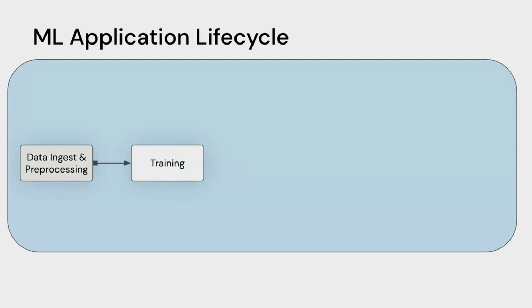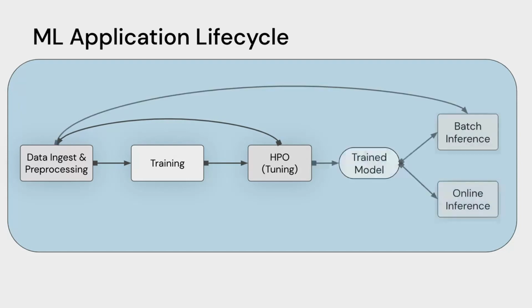Let's move on. We mentioned a few different use cases, but what is actually important for data scientists or ML practitioners is that you can express the full machine learning lifecycle, the full application that starts with data ingest and pre-processing, training, tuning. Once you have this trained model, you want to do something with it downstream, which usually means two things.